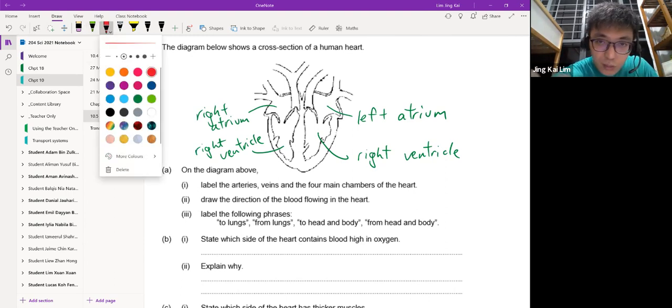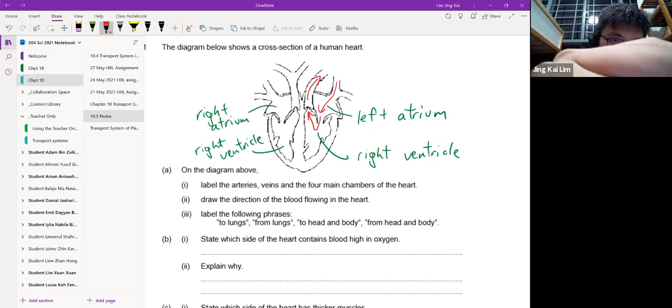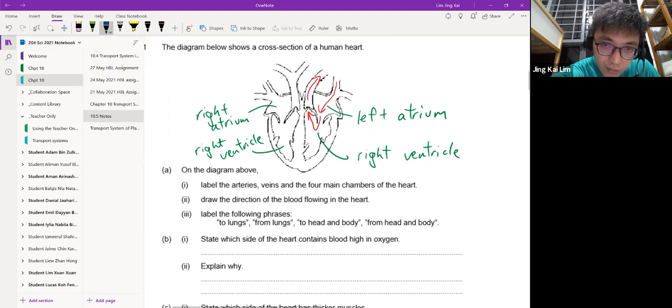The oxygenated blood would be coming from the left atrium, go through the right ventricle, and then be pumped out of the artery here. On the other hand, the deoxygenated blood would flow from the right atrium through the right ventricle and then out to the other parts of the heart.